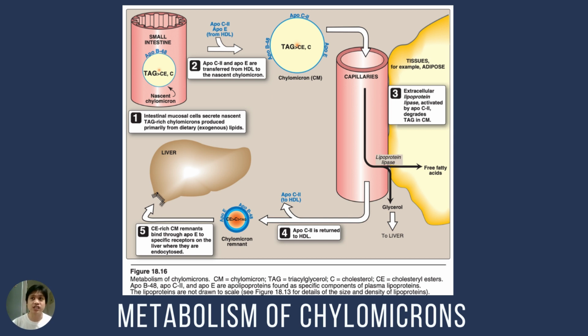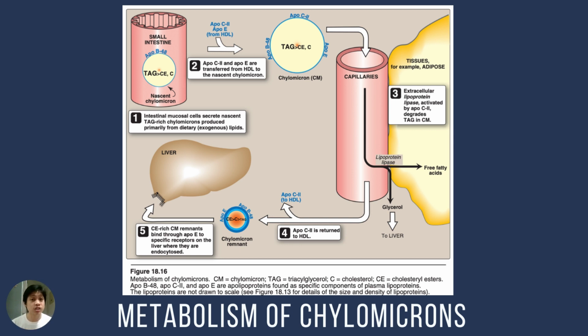Those free fatty acids are absorbed by the intestinal epithelial cell, and the intestinal epithelial cell rearranges those free fatty acids to form a chylomicron. And those intestinal epithelial cells then secrete the chylomicron into the lymphatic capillaries. So that's step one. You absorb, you package the lipids into chylomicrons.